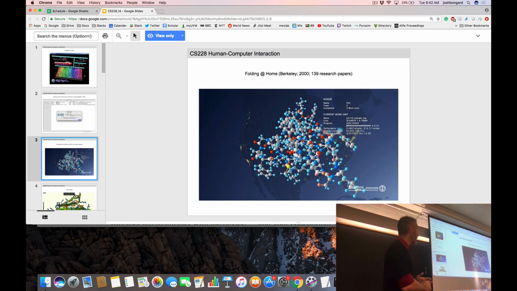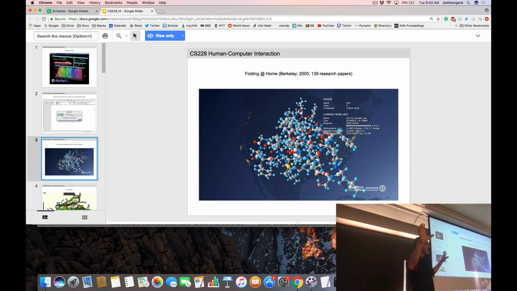Okay, folding at home, one of the most popular crowdsourcing applications out there. The protein folding problem is a very hard problem and a very important problem. If you'll remember from your biology class, a protein is basically a string of peptides. So you have a one-dimensional list of these peptides. If you want to try and visualize them, you can imagine different peptides as different colors.